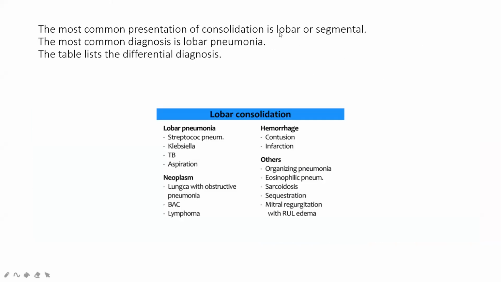If it is a lobar consolidation, statistically, the most common cause of that is pneumonia, but it's not necessarily pneumonia. It could be other things, as I said. It could be cancer, it could be hemorrhage, sarcoidosis.